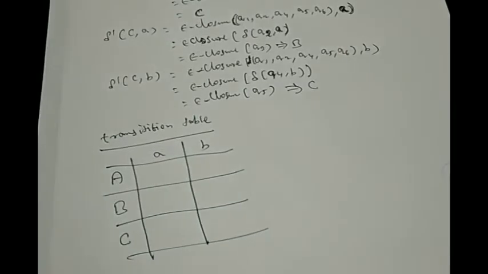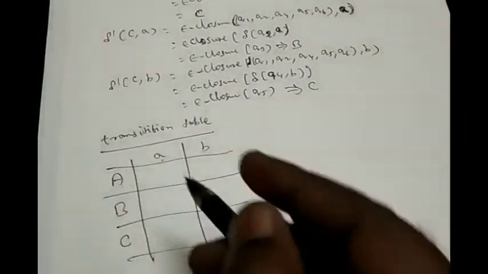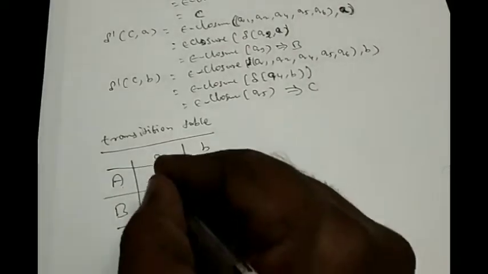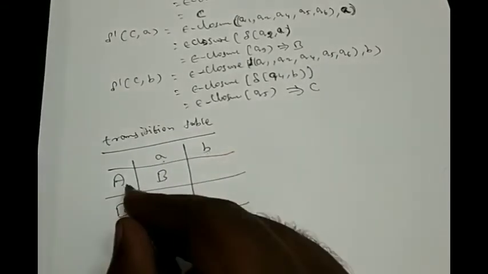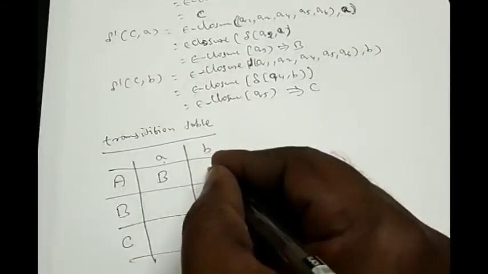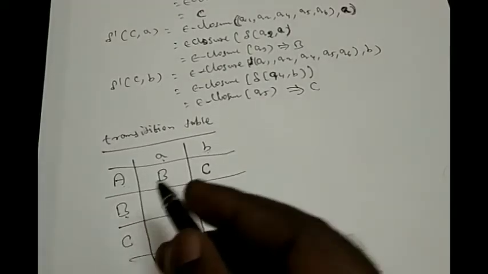Okay. Now, if I apply input a on set A, what do I generate? Actually, I generate B. Okay. If I apply input b on set A, now I generate C. Okay. Now come here. If I apply a on set B, what is generated?